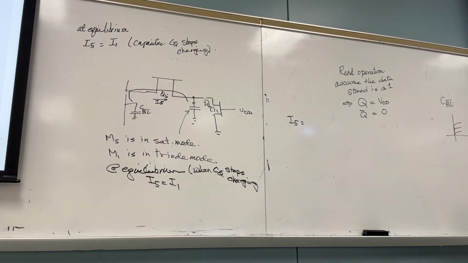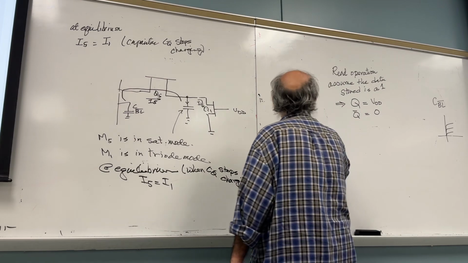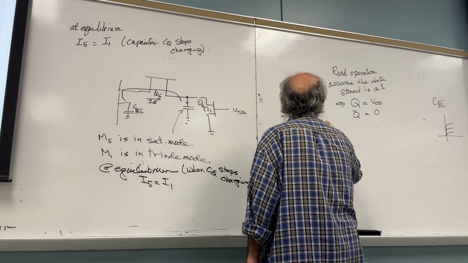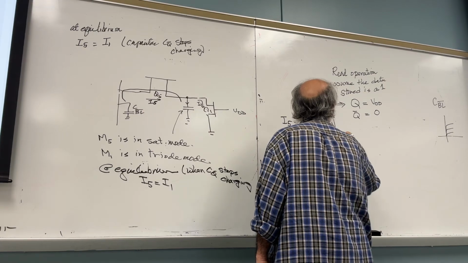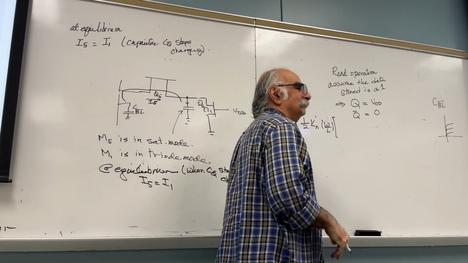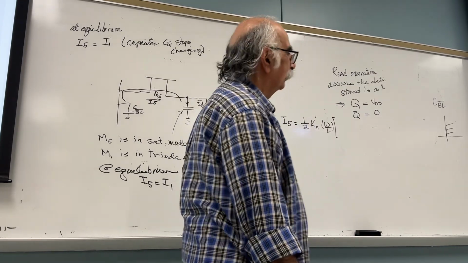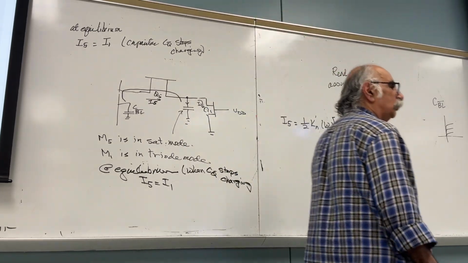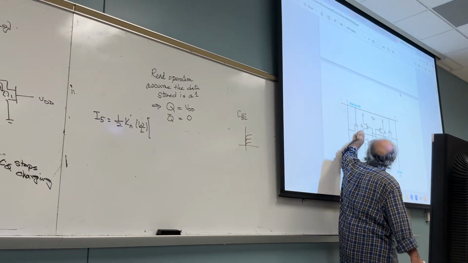In saturation mode, I5 is 1/2 Kn W over L times VGS minus VT squared. What do I write here for VGS? Look at M5 and tell me what the VGS is. It's the voltage, this one minus this one.